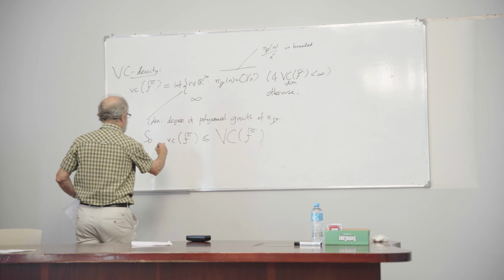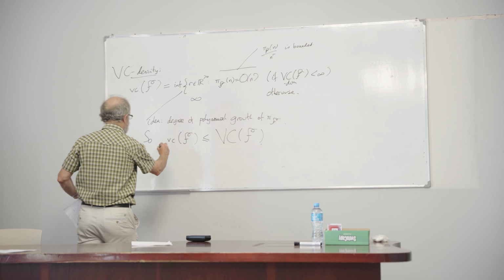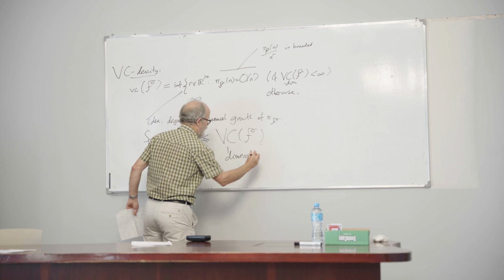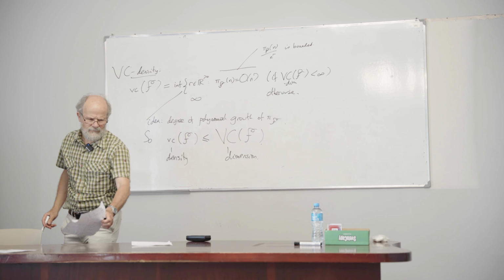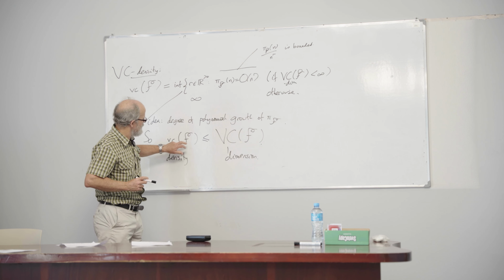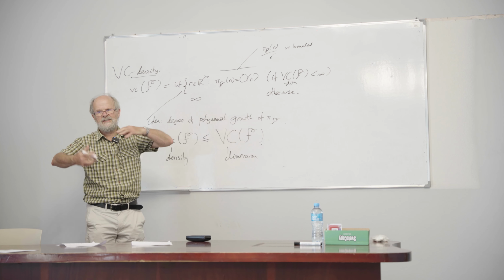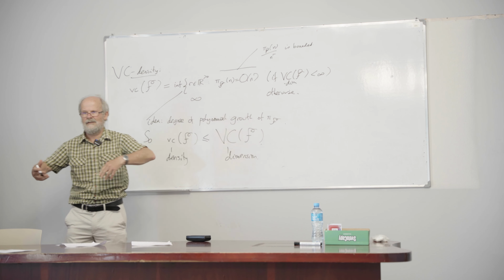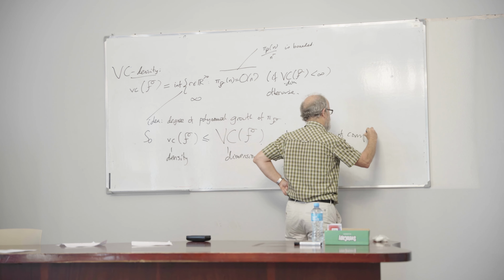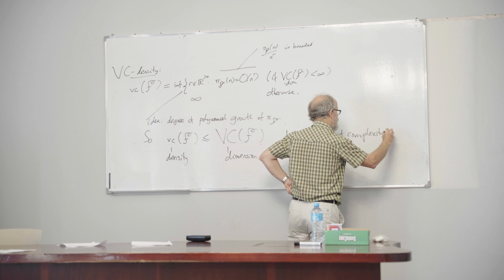So this is the density, and this is the dimension. The reason why I think this is interesting is that they're slightly different measures of complexity of a set system. Both are measures of complexity of f.